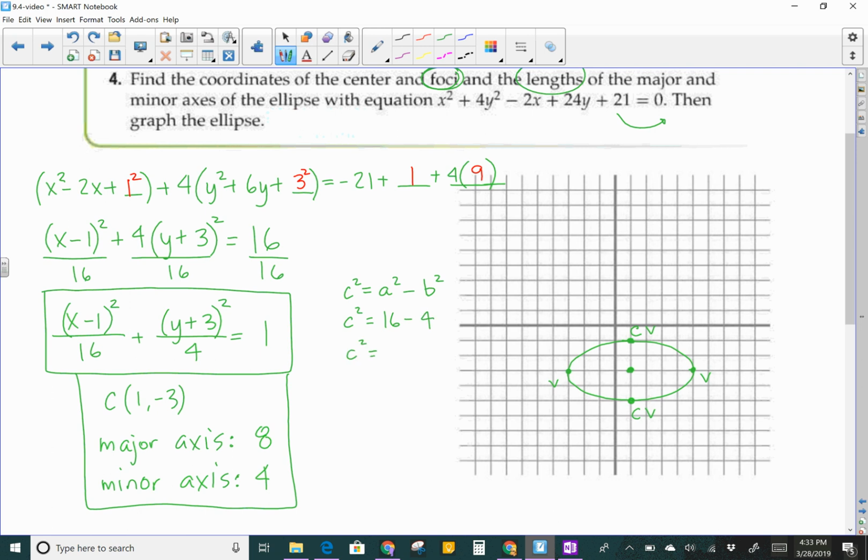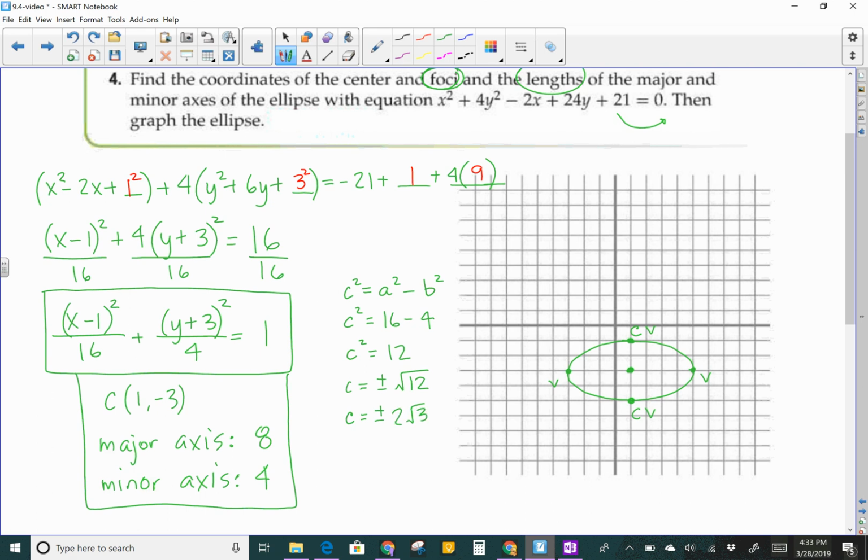c squared equals 12. And c equals plus or minus the square root of 12, which you actually have to simplify: plus or minus 2 square roots of 3.